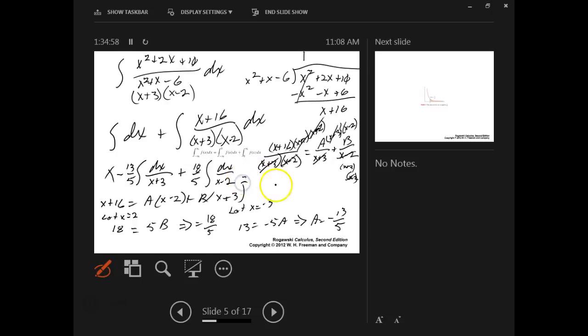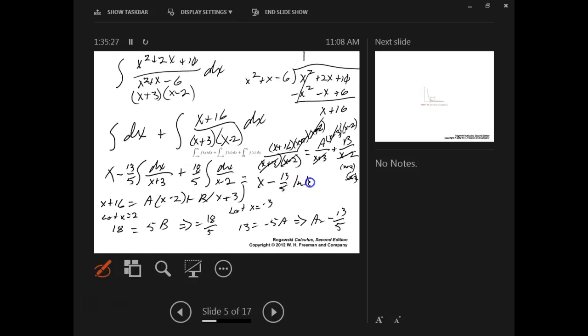But what does this become? The final answer is x minus 13/5. I think both of them are 5s. Yeah. Yes, they are. Okay. What's the integral of dx over x plus 3?